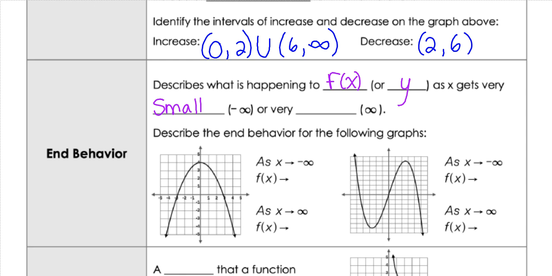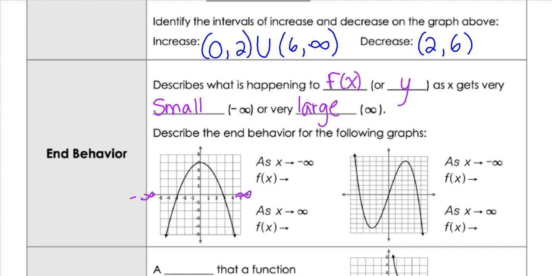Or it can also be where it gets very, very large. If we went forever to the right side of the graph, that's where the x values would get really, really big, so that would be positive infinity. If it helps you, I like to put on my graph that the right side is positive infinity and this left side over here is negative infinity. That helps me visualize what's going on.